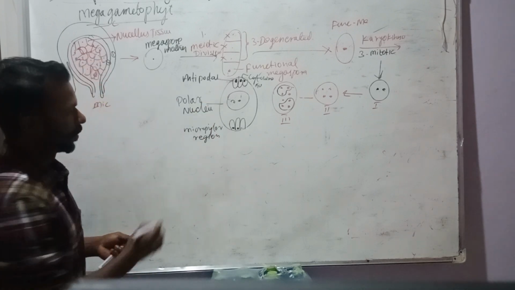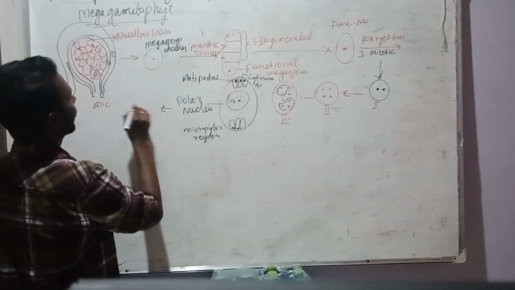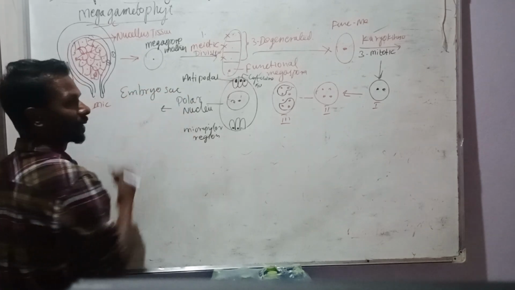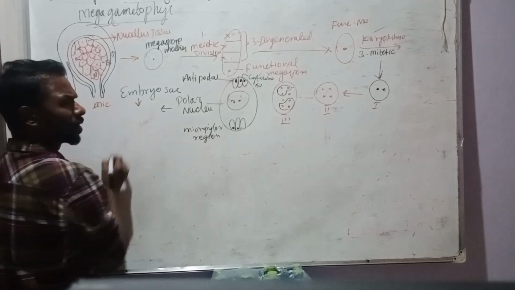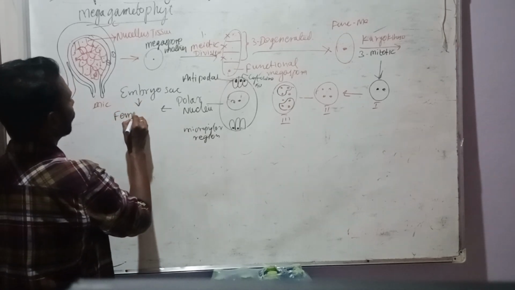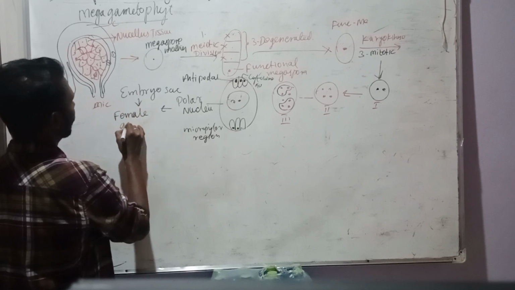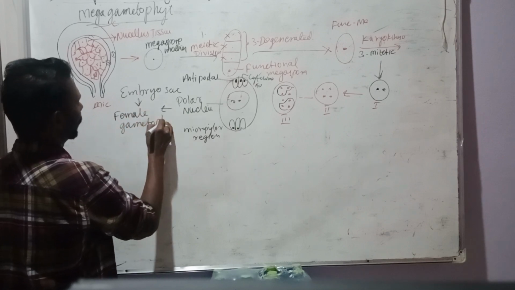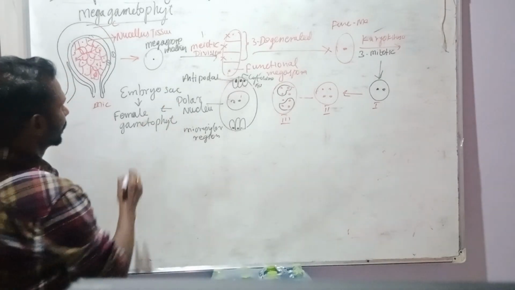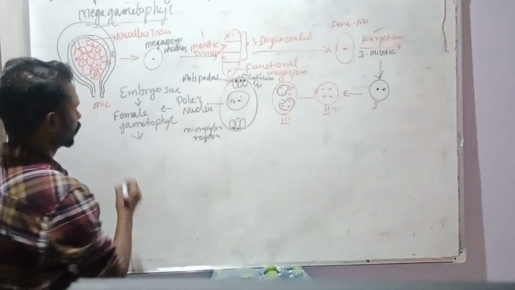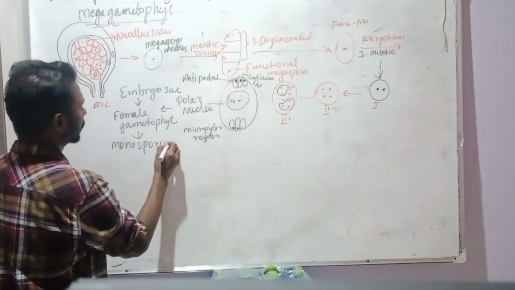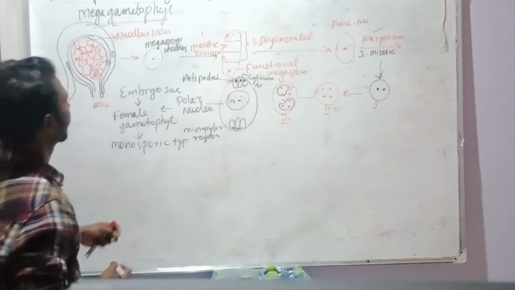Now this is called the embryo sac, a well developed embryo sac, which can also be called the female gametophyte. This is also called the monosporic type. Why is it monosporic?